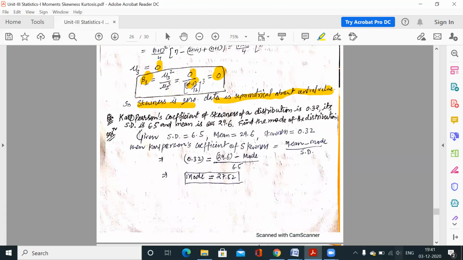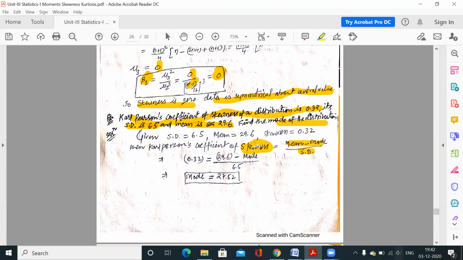Now the Karl Pearson coefficient of skewness of a distribution is 0.32. Its standard deviation is 6.5 and the mean is 29.6. Find the mode of the distribution. We know the formula of skewness, which is mean minus mode by standard deviation.